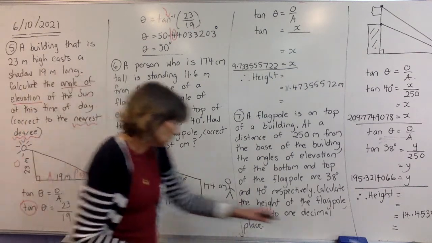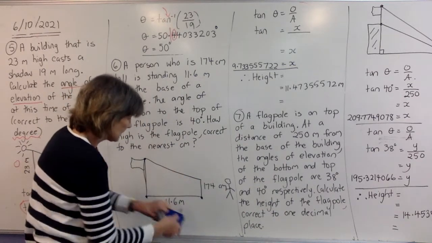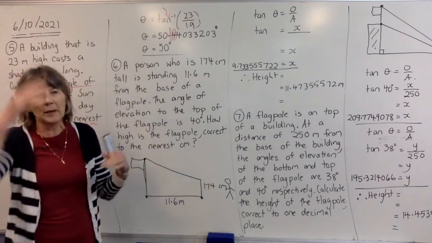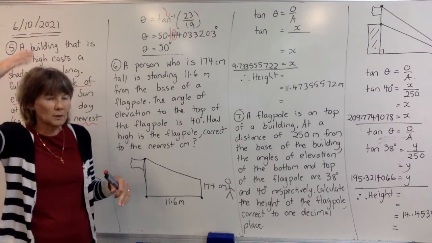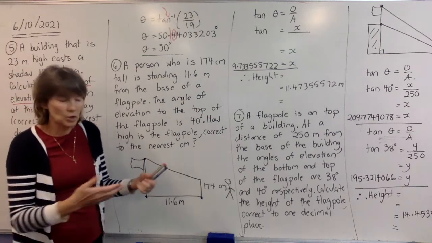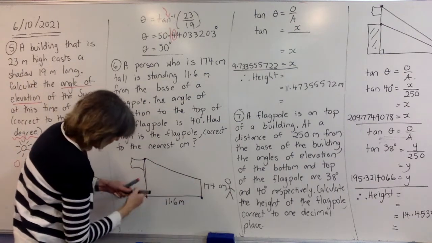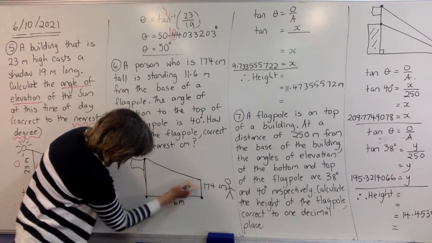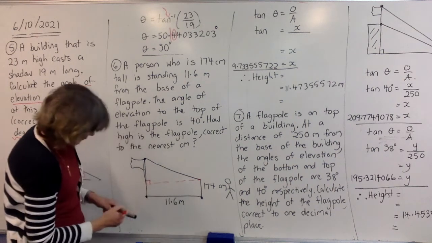Now, what you do with that is your eyesight is coming from the top of you, okay? We're pretending it's coming from the top of the person itself. I mean, the eye is a little bit further down, but we're just assuming that it's from the top of the person. Okay, so what we're going to do is just draw a dotted line across here with your red pen, create a right angle over there.